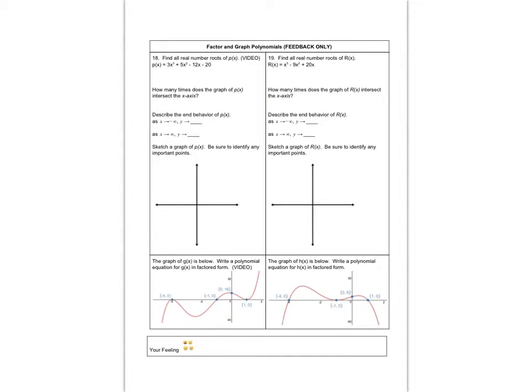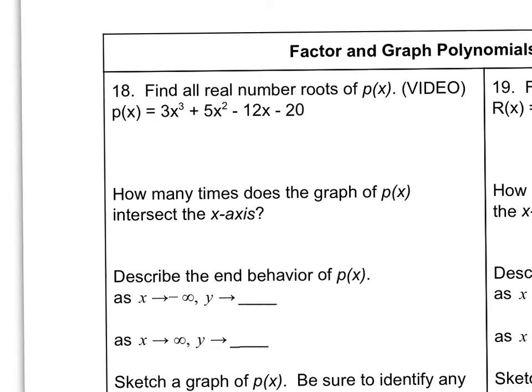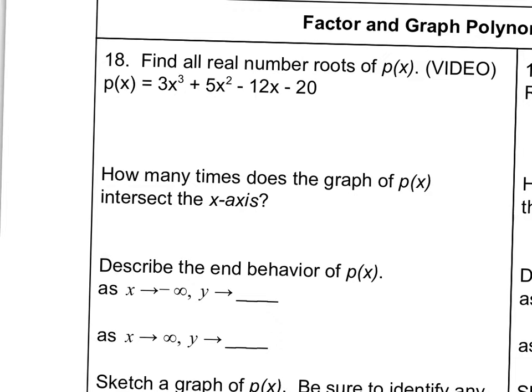Next up, we got polynomial factoring and graphing. For the first one, I notice that this has 4 pieces, and this might be one that's already set to factor by grouping. So I'm going to try to do that.